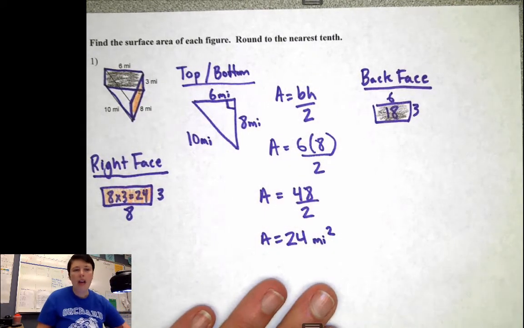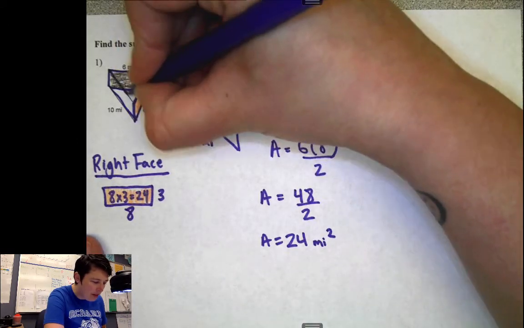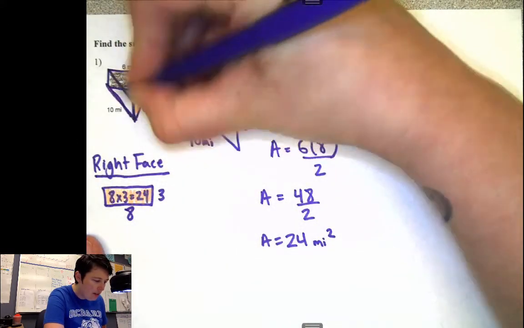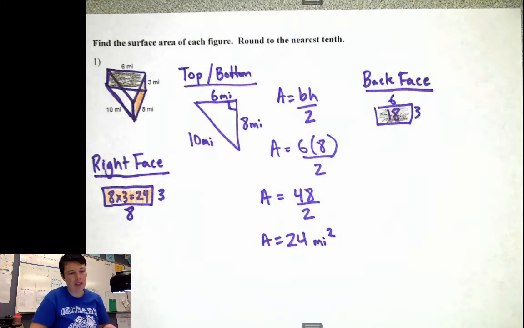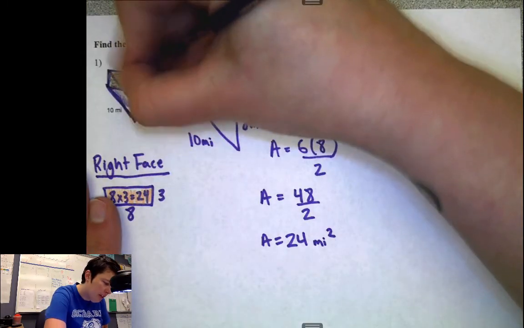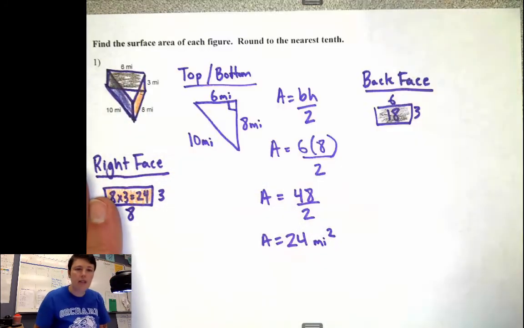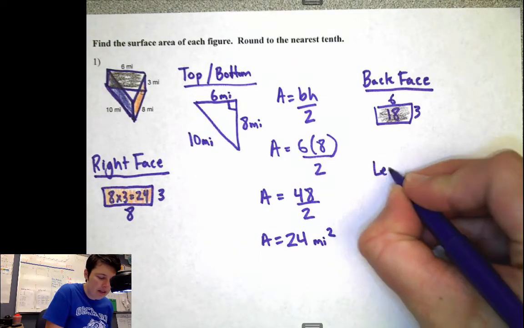There we go. And then we have one more face to deal with, and that is this one right here. If you can still see it, hopefully. In your hand drawing, it starts getting messy as you're doing these. Sometimes it gets hard to do. I'm going to shade that in this purplish blue color. Right there, if you can see it. So one more, let's call that the left face.